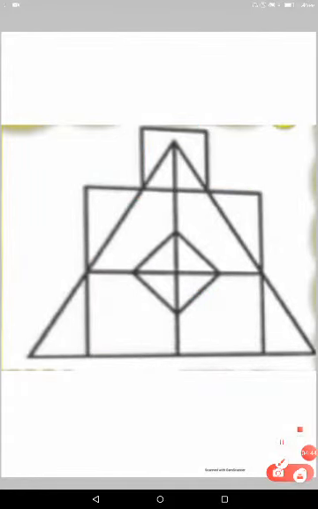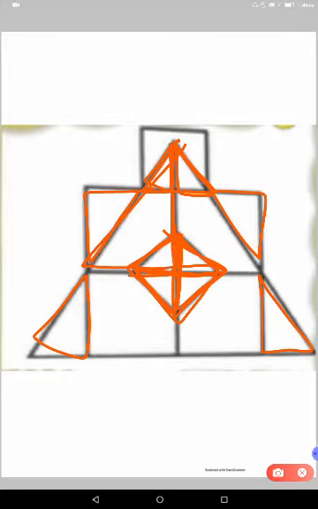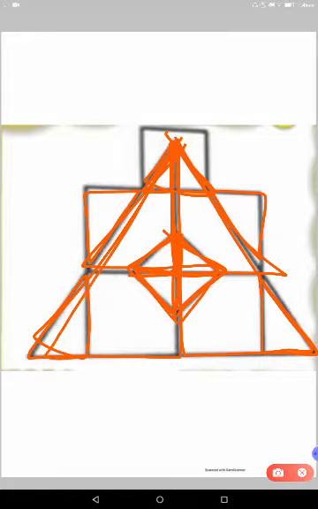And triangles, first of all we can count smaller triangles: 1, 2, 3, 4, 5, 6, 7, 8, 9, 10, 11, 12, 13, 14, 15, 16, 17, 18, 19, 20, and 21 is the larger triangle.